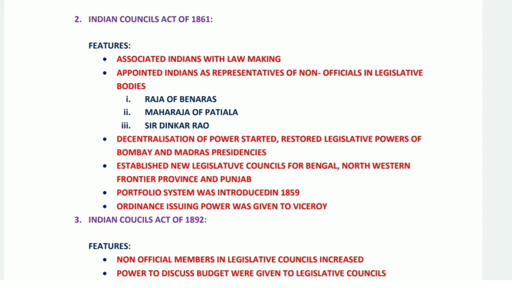So soon after the Indian Councils Act of 1861, there was another Council Act which was known as Indian Council Act of 1892. So the features of this act were, after the demands from the Congress, the non-official members in legislative councils were increased, and these non-official members were nominated by Viceroy on the recommendations of provincial legislative councils, that is for Central Legislative Council.